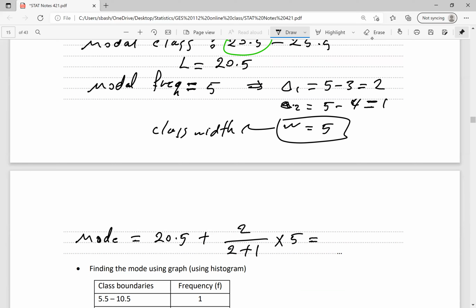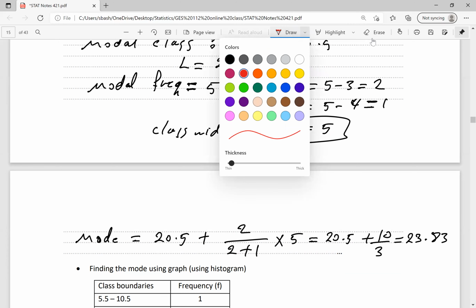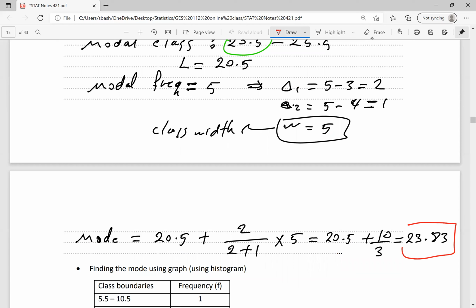So this is 20.5 plus 10 divided by 3, which is an approximation, 10 divided by 3 plus 20.5, which is almost 23.8. So this is the mode using the formula. It is 23.83.